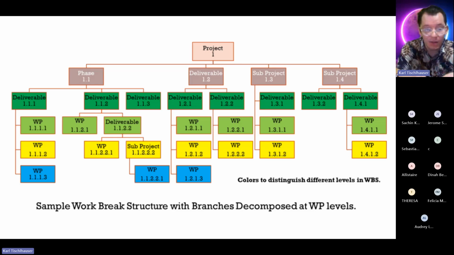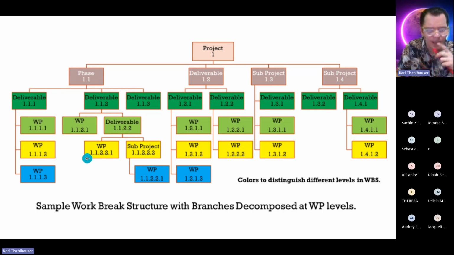Okay, here's another example, and I like this example because it does have the labels on each of them. So you can see that we have the project name on top. It says project 1. You have a phase here, which is probably going to be your initiation. You can see that they put the deliverables.